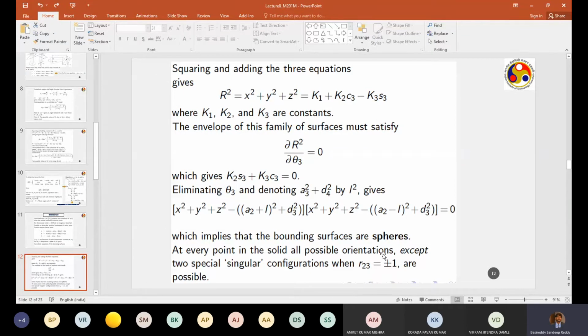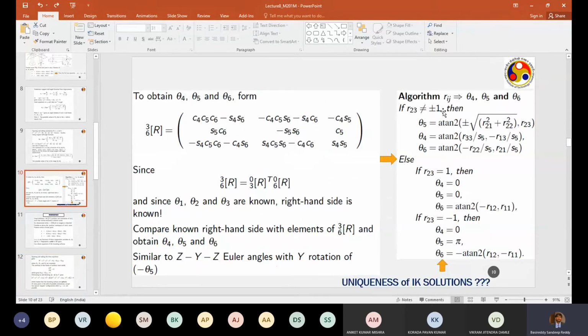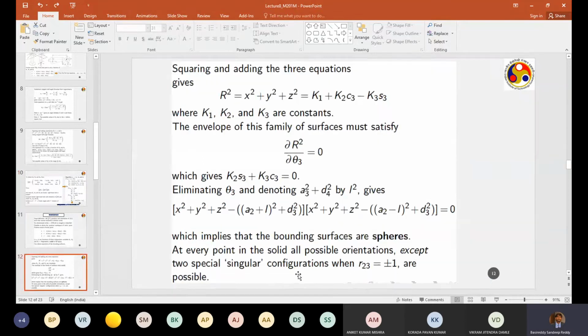So this r23 equals plus or minus 1, which is where our algorithm was breaking down, as I showed over here, actually represents a kinematic singularity, a singular configuration. Now, the proper definition of singularities in robots I'll take up when I'm teaching velocity and static analysis.